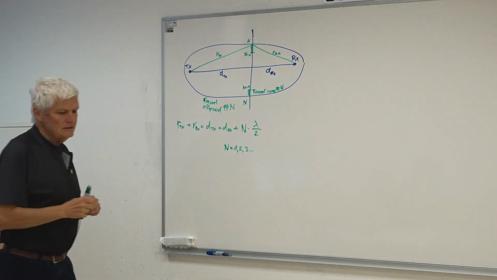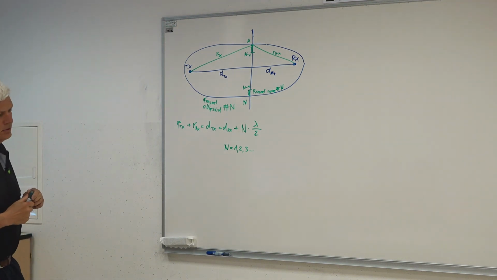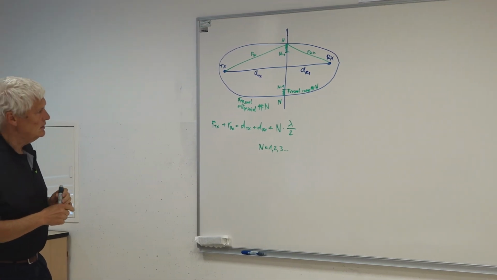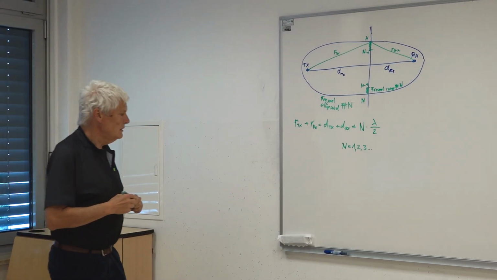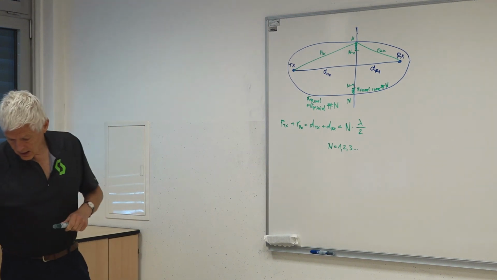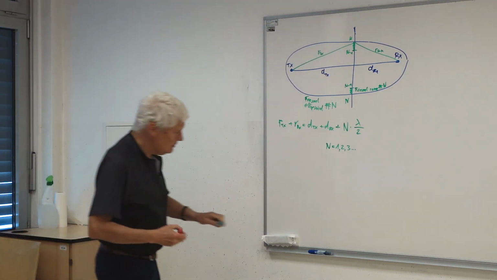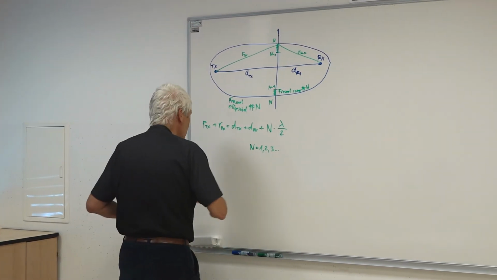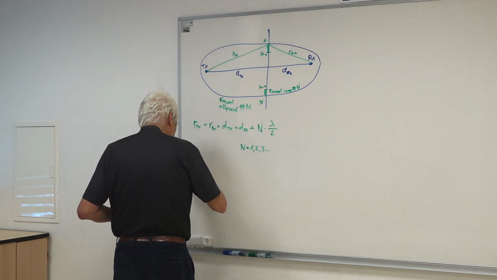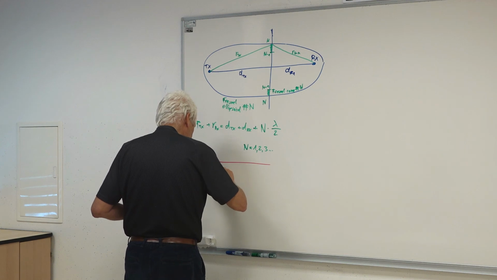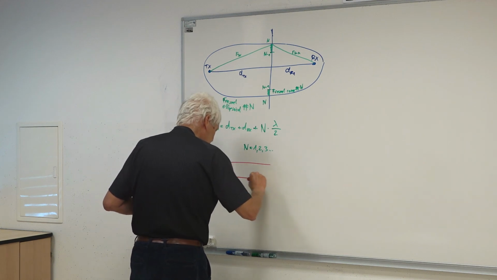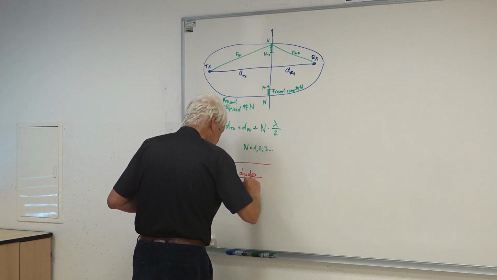Only the first Fresnel zone, n equal to 1, is a circle. The cross section is a circle, while all the other Fresnel zones are rings. Our approximation for the radii of the Fresnel zones: rho n was equal to the square root of n times wavelength times d_tx d_rx over d_tx plus d_rx.